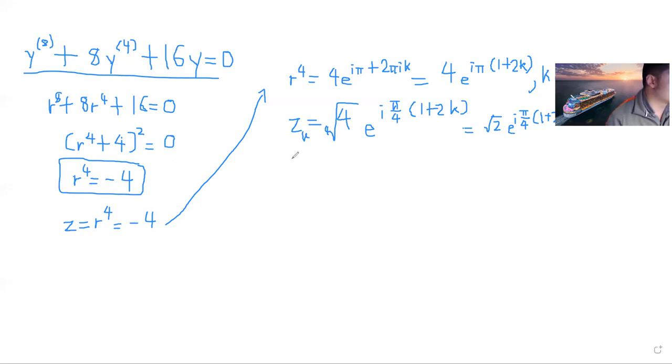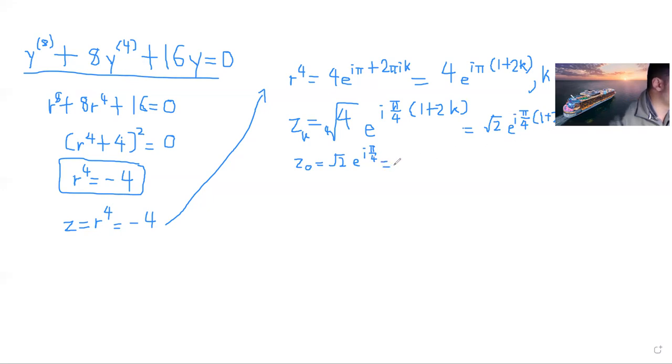Now, there are going to be 4 solutions. z0 is equal to root 2 e to the power of i pi over 4, because k is just 0 for this case.